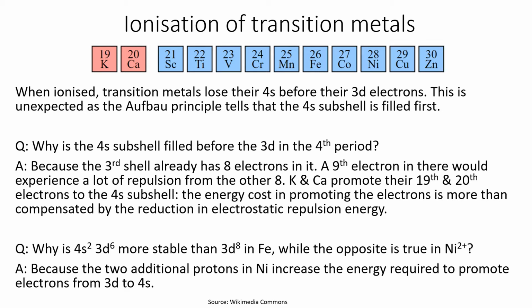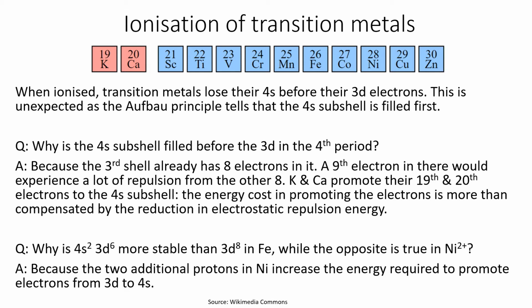So in other words, in the nickel case there's going to be a bigger energy gap between the 3d and the 4s, so more energy will be required to promote d electrons up to the 4s subshell, and that's the reason why the electrons, all 8 of them, stay in the 3d, because there would then be a net energy cost to promote electrons up to 4s.